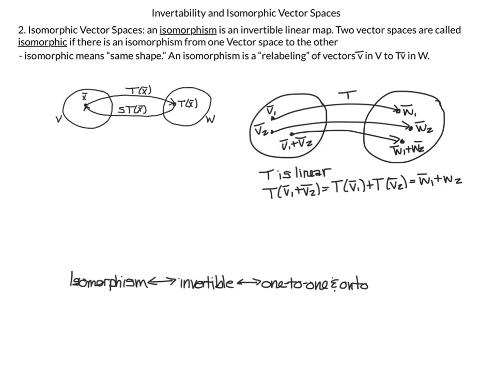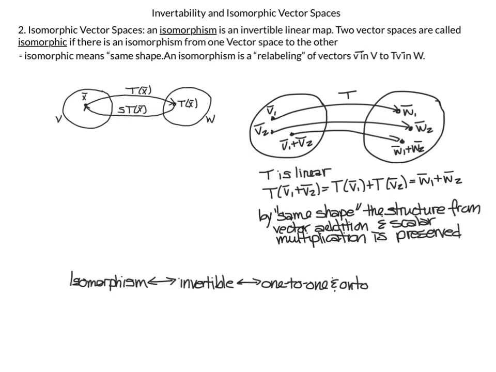So the resulting vector of adding these two vectors together, which is v1 plus v2, is going to map to w1 plus w2. Remember, T is linear, so T of v1 plus T of v2 is equal to w1 plus w2.